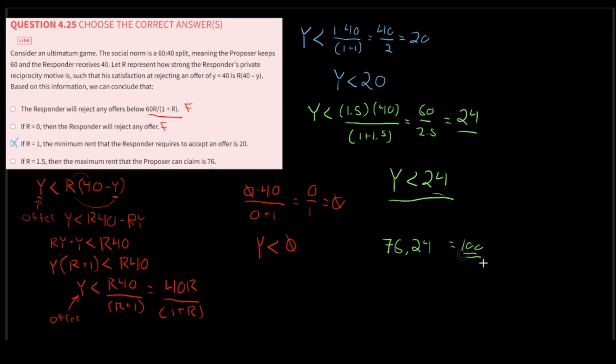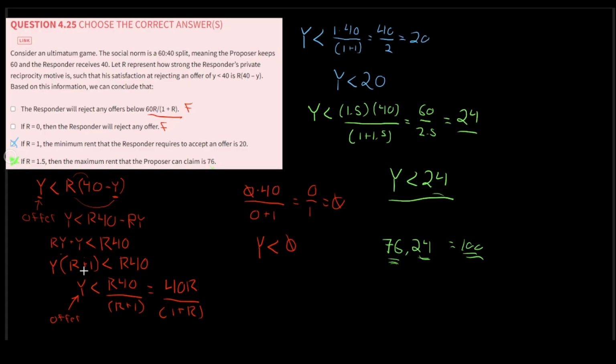That is for our 100 altogether, right? So in this case here, if R is 1.5, yeah, they could offer you 24. They could claim 76, and you would accept that. This is your minimum willingness to accept based off of your reciprocity motive of 1.5. So in this case here, this is also a correct answer.